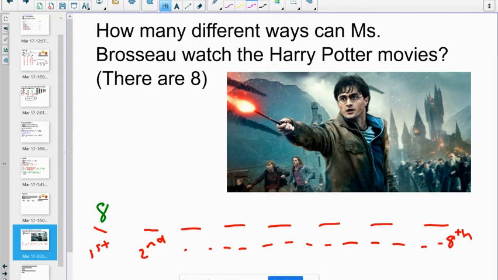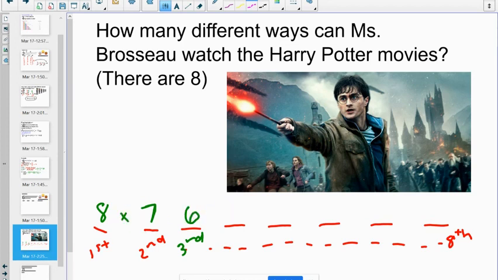So let's say I watched the first one. That means there's 7 more left for me to pick from. And then this order is going to continue all the way through. So say for my third movie, if we already picked the first and the second one, there's 6 movies left. And this pattern is going to carry all the way through.